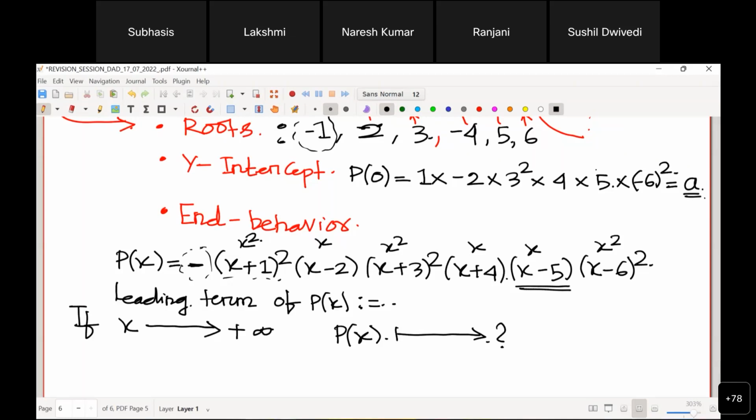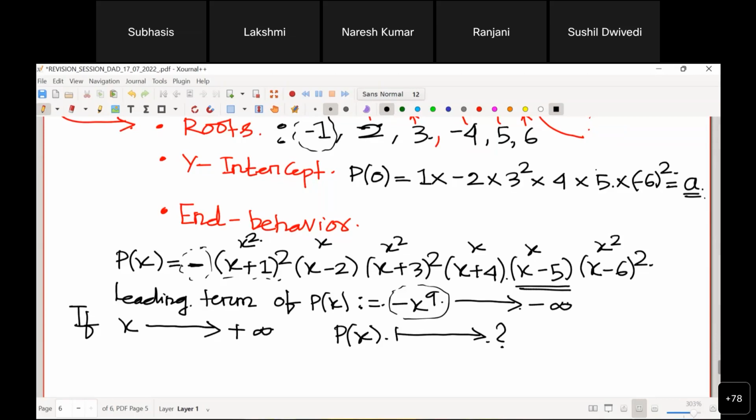So this is minus x raised to 9. If x tends to plus infinity, this leading term tends to minus infinity, because it's minus of x to the power 9. I have a minus sign behind x to the power 9.